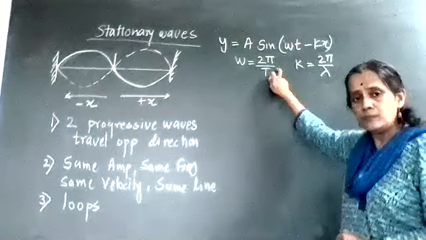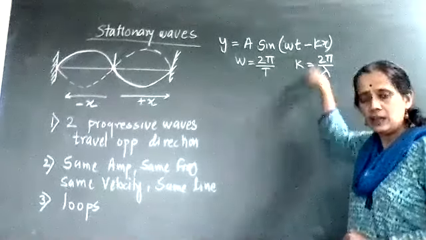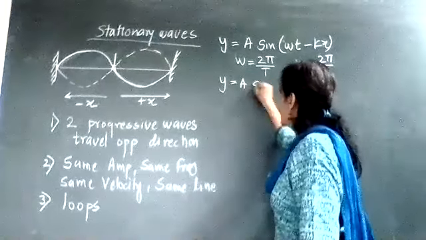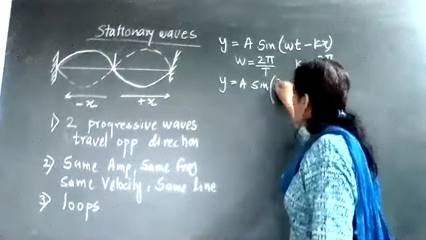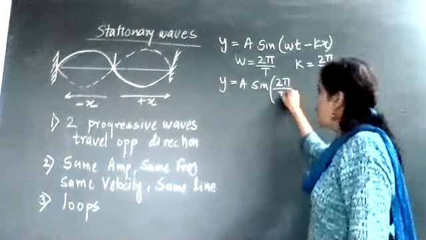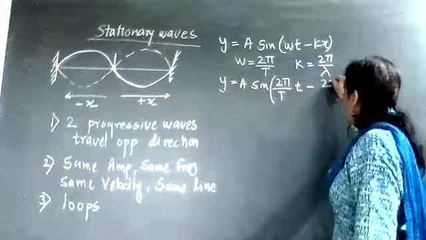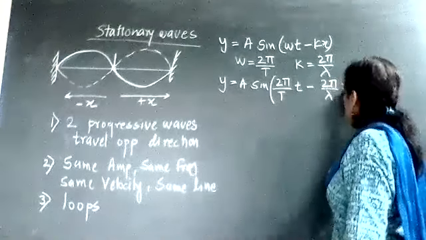So if I now put this value of omega and k in the equation, I get y is equal to a sine in bracket, omega value is 2 pi upon capital T into small t, minus 2 pi upon lambda into x.